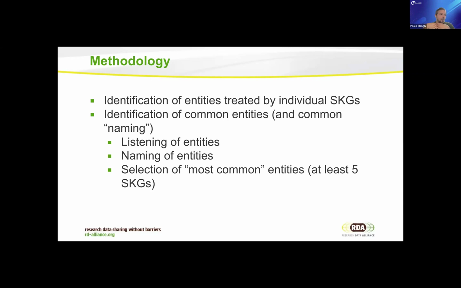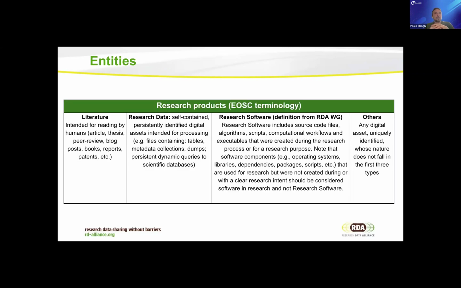What we decided to do in the beginning was to focus on the entities that were, pragmatically speaking, dealt with by at least 5 or 6 SKGs. This means that we left out some common entities, of course. So these are the entities that we have today: literature, research data, research software, and others. We stuck to a very generic definition that would meet the conditions of the graphs that were providing such entities.